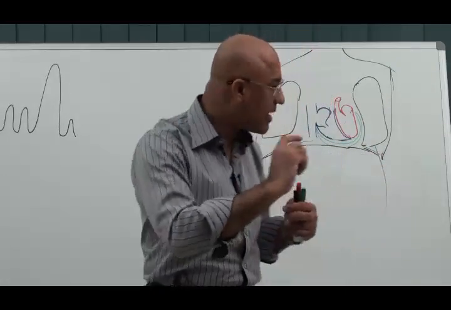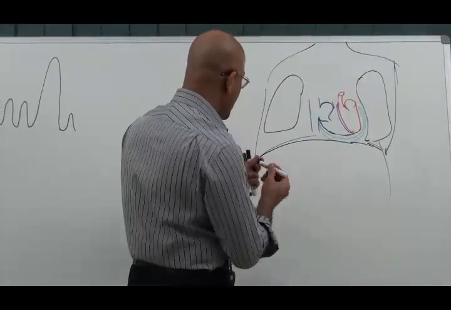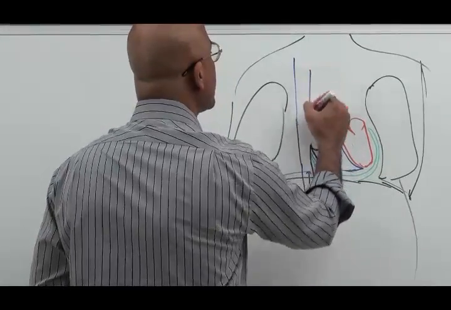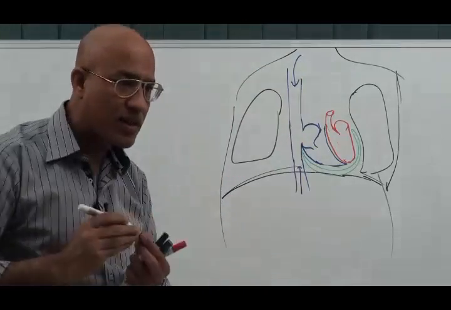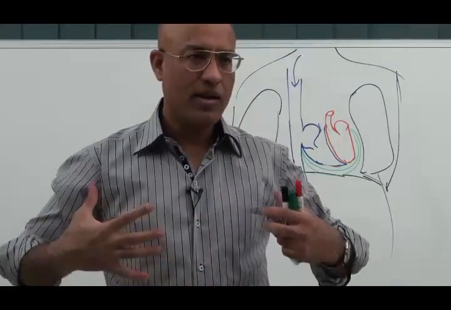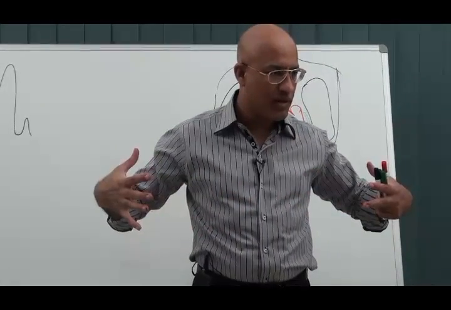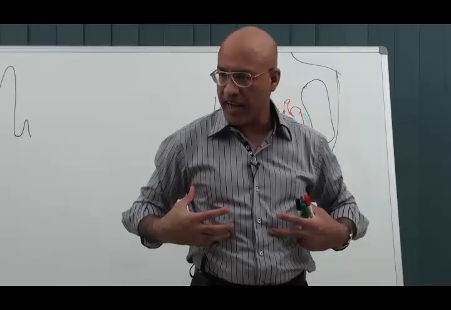Is that right? But with that, it also sucks the systemic venous blood. The venous return coming from the superior vena cava and inferior vena cava also becomes faster. Again, listen. During inspiration, chest is expanding, thoracic cavity is expanding, intrathoracic pressure becomes negative.